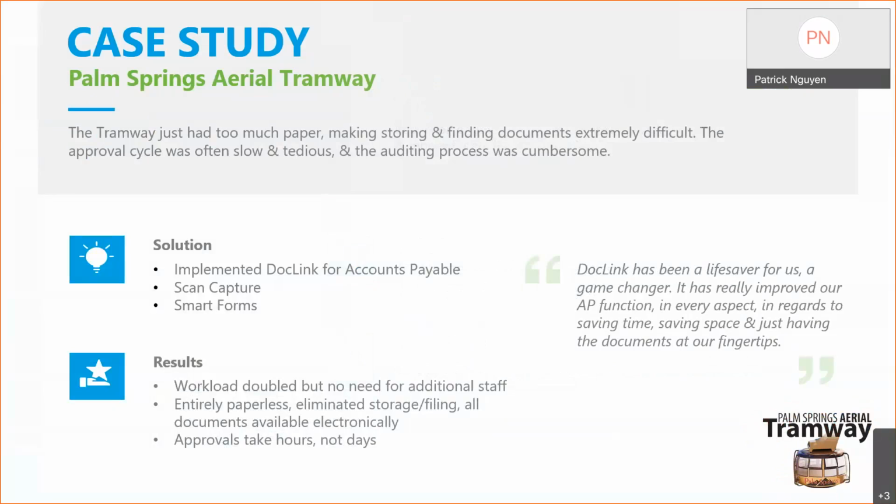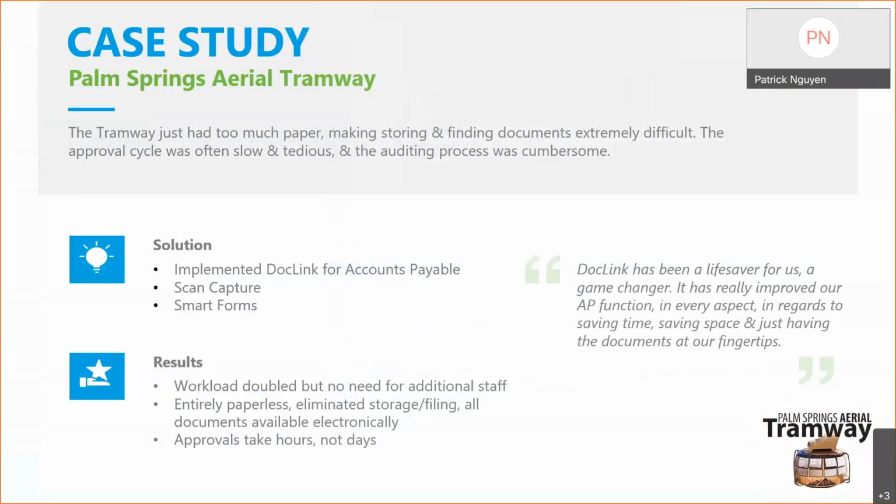An organization you folks may not know well, another customer of ours, a longtime customer, Palm Springs Aerial Tramway. They are a tramway in Palm Springs, California, where visitors can take this tram from the ground all the way up to the mountain. There is a mountain that's close to 11,000 feet up, where it's a 2.5-mile ride.